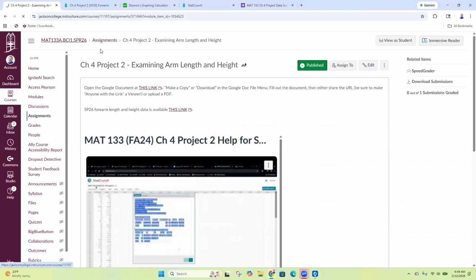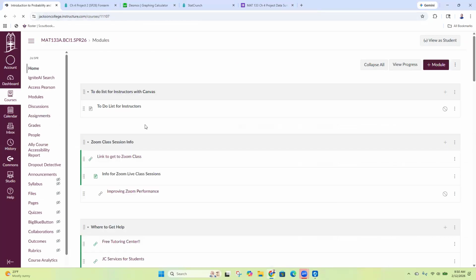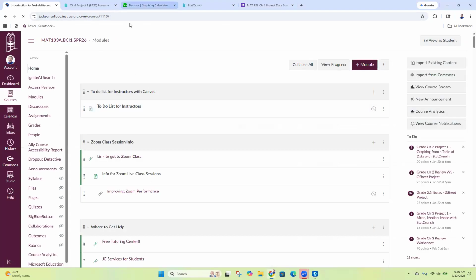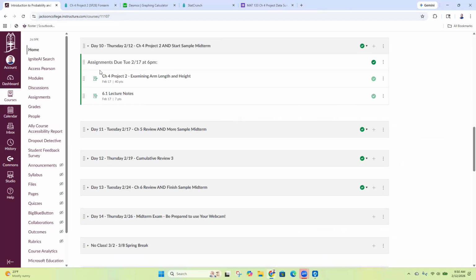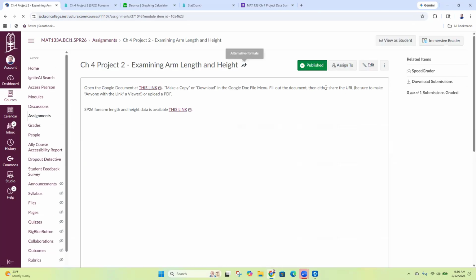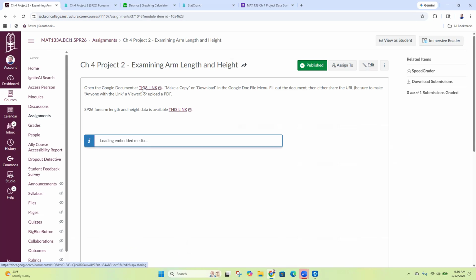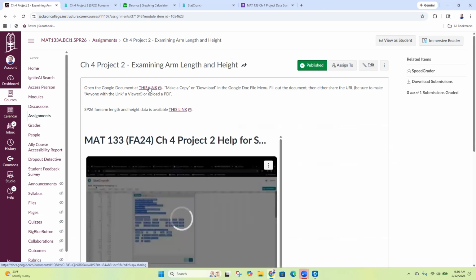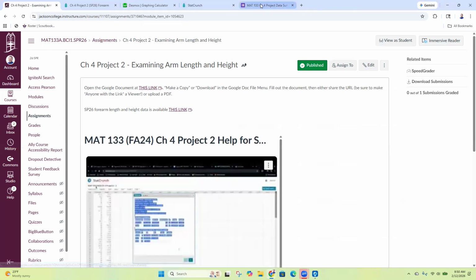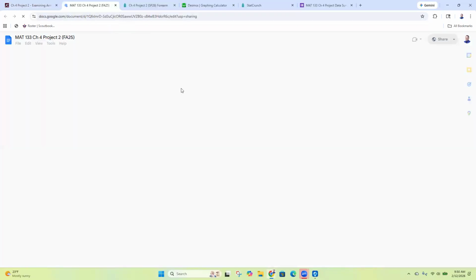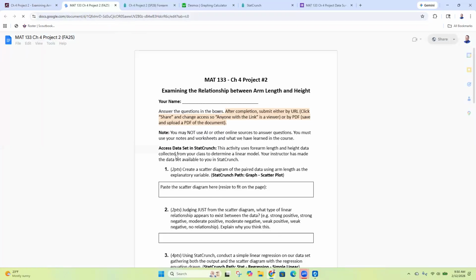In Canvas, if you click on Chapter 4, Project 2, there's two links. So Day 10, Chapter 4, Project 2. If you click on this link, open the Google document, that'll open up this where we'll fill in our answers.